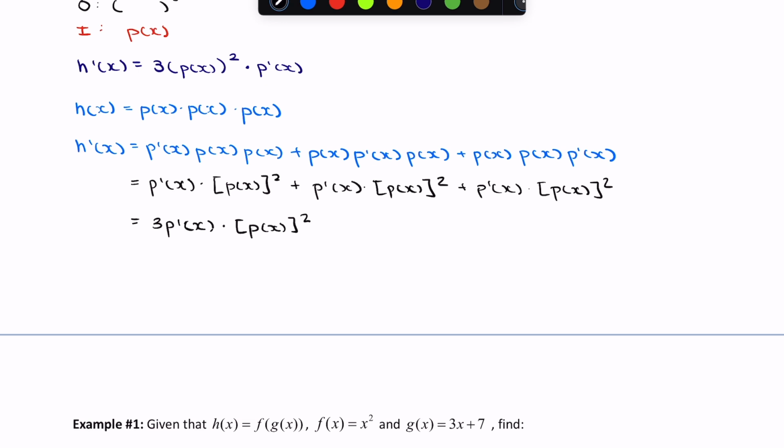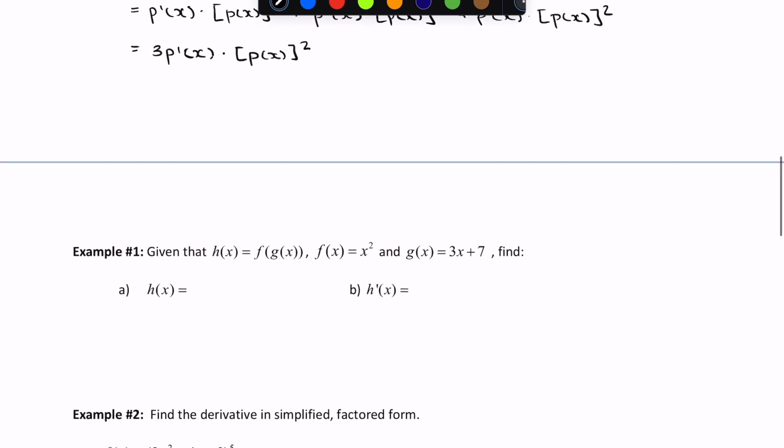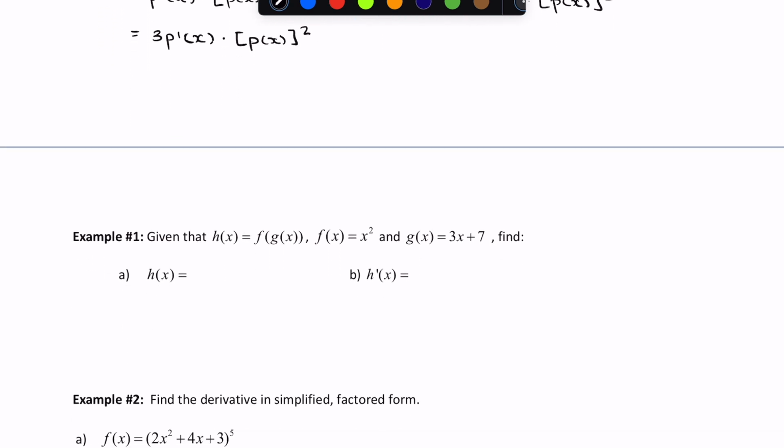Okay, if we look at this example, given that h of x is equal to f of g of x, f of x is equal to x squared, and g of x is equal to 3x plus 7, we have to find now h of x and find h prime of x.